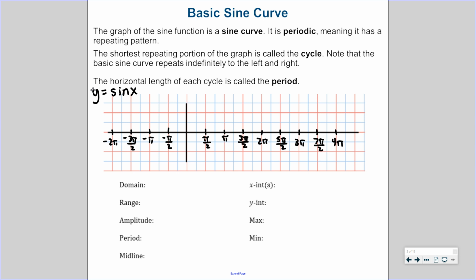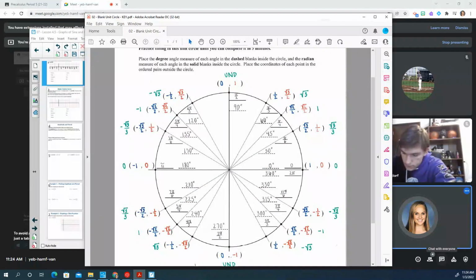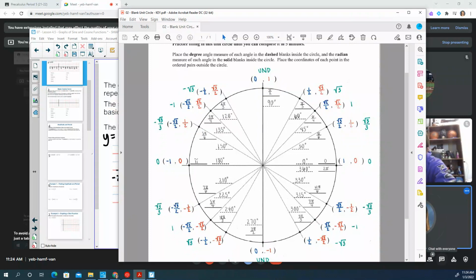So the sine curve started at the origin, and then as I just mentioned, it crossed at every multiple of pi, where it had an x-intercept. The reason why is because if you think of your unit circle, at every multiple of pi, starting with 0, pi, 2 pi, 3 pi, 4 pi, what does sine always have a value of? 0, right?